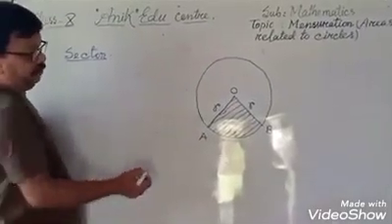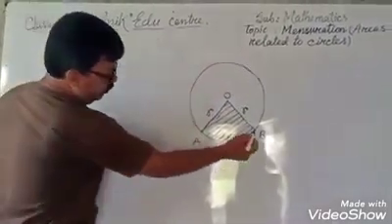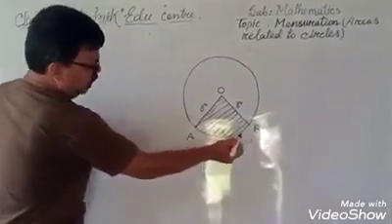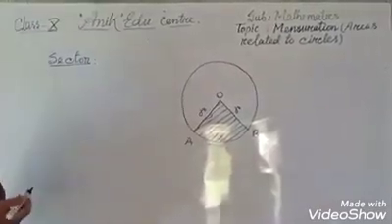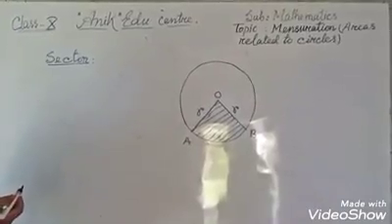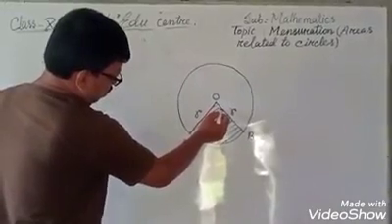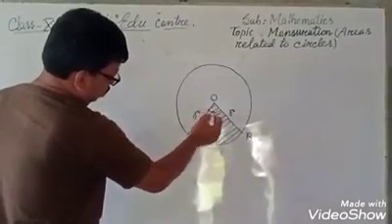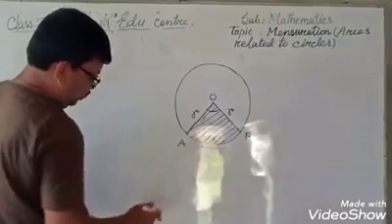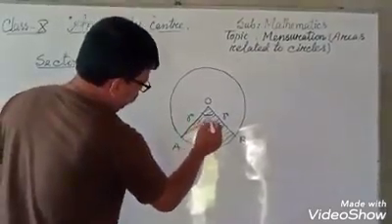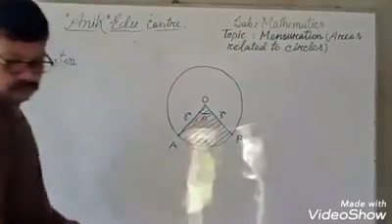To find the perimeter of this sector, we need to find the length of this arc AB. To find the length of this arc AB, we need to know the angle between these two radii, which can be represented by theta.